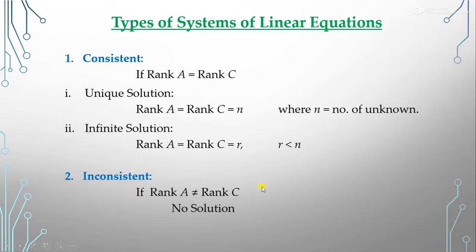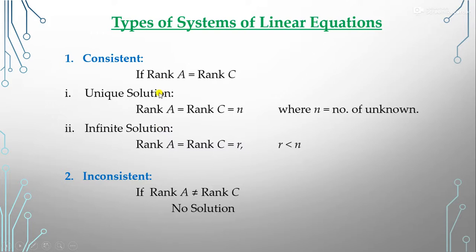Clear how to find the solution of linear equations by the rank method? This is the way we find the solution of linear equations by the rank method. For this you have to find rank A and rank C. If rank A is equal to rank C, your system is consistent, and if your system is consistent, it means you have two types of solution: either unique solution or infinite solution.